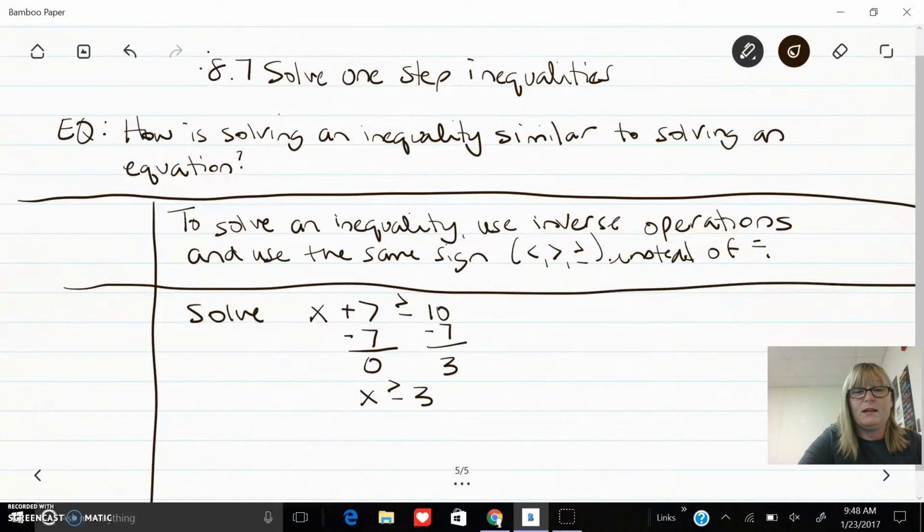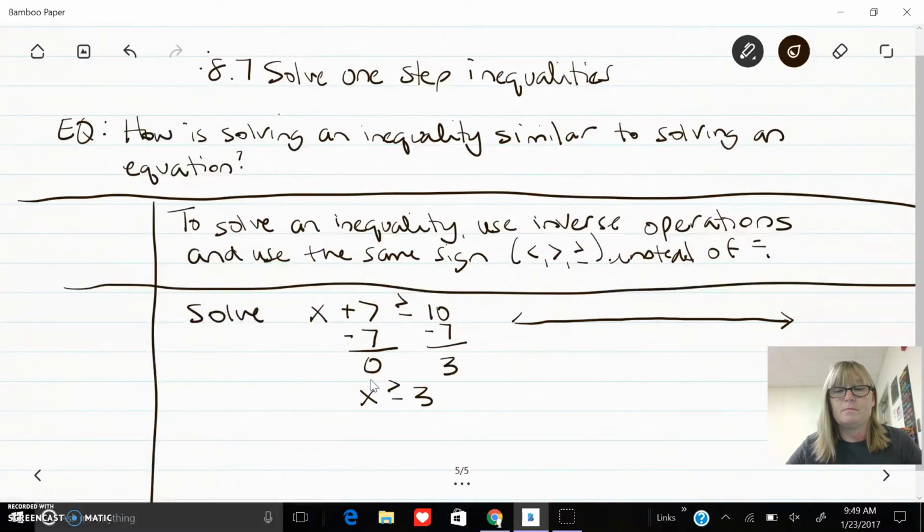All right, you can plug 3 back in. 3 plus 7 is equal to 10. If I did 4, 4 plus 7 is greater than 10. Okay, so it would go up from 3. So on our graph, I want to go 1, 2, 3, 4, 5, 6, 7, 8, 9, 10, 11.